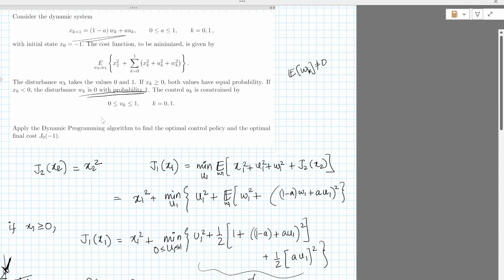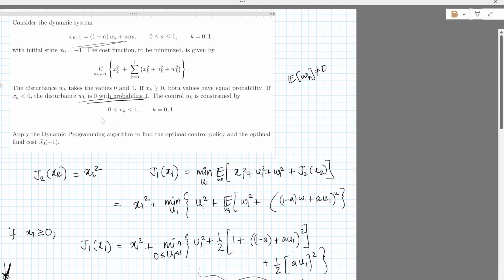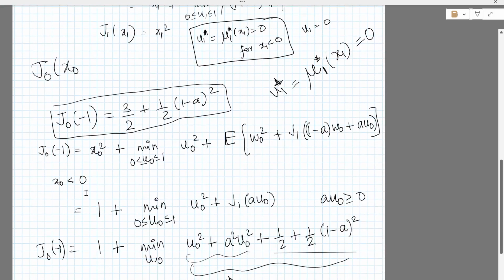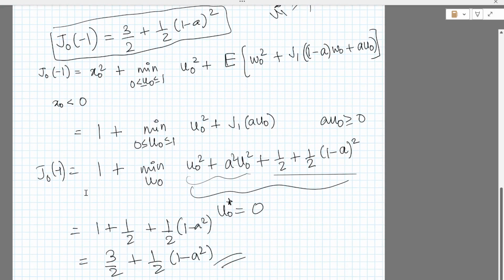So that's why you can have some different x_{k+1}. So W is not always 0. Okay.